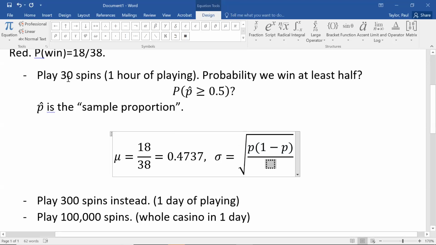So like if we win 14 out of 30, the binomial distribution would be looking for the 14, not for the fraction, 14 divided by 30. So the variance for the binomial distribution would be p times 1 minus p times n.